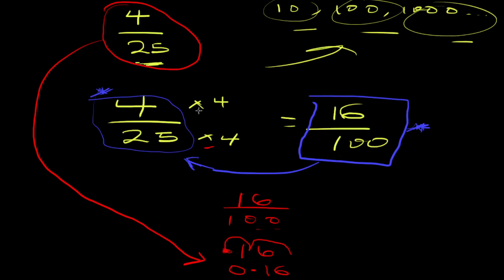And then we do the same to the numerator, multiply 4 by 4, which gives us 16. So 16 over 100. And once we have it in this form, we can easily change it to a decimal.